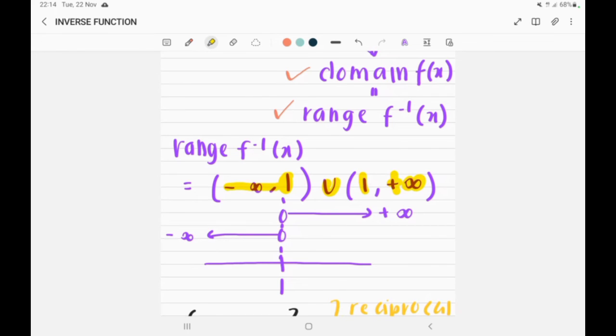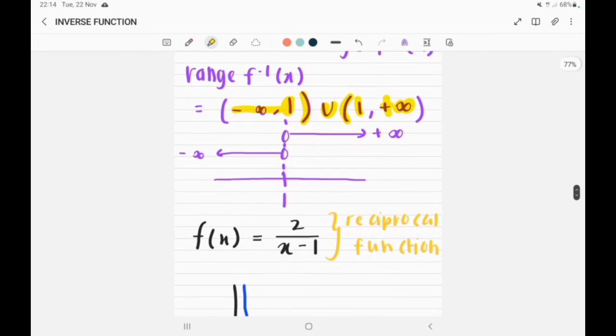It cannot be equal to 1, so we put an open bracket here. If we sketch the number line, this is our number 1, with an empty circle going to negative infinity and an empty circle going to positive infinity, which means the value cannot equal 1.